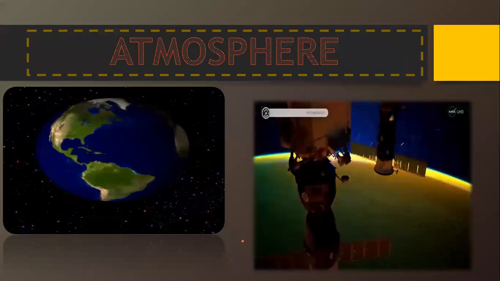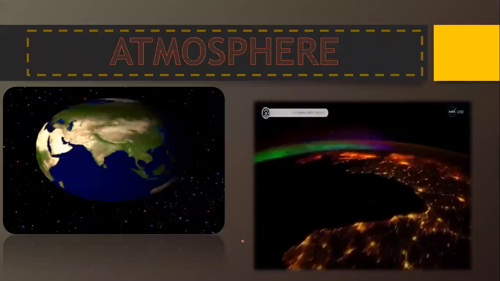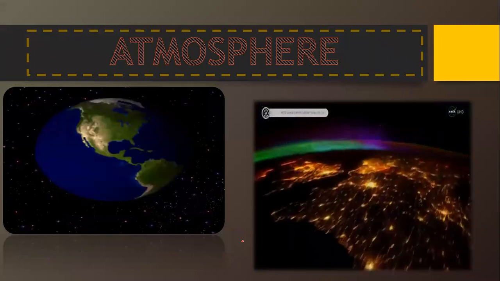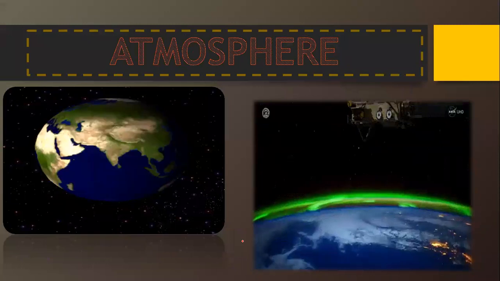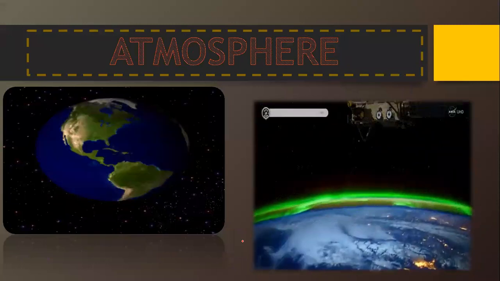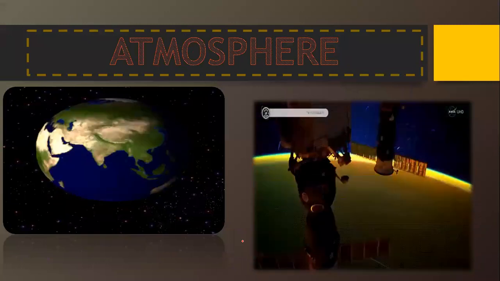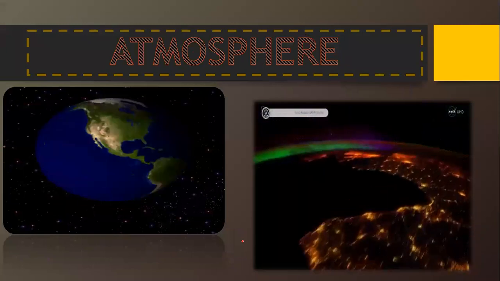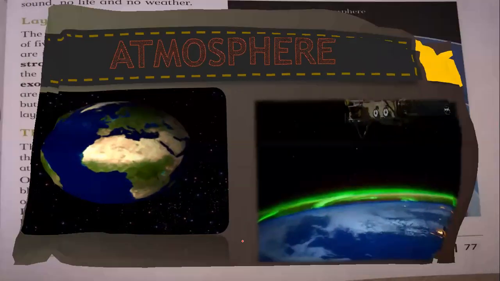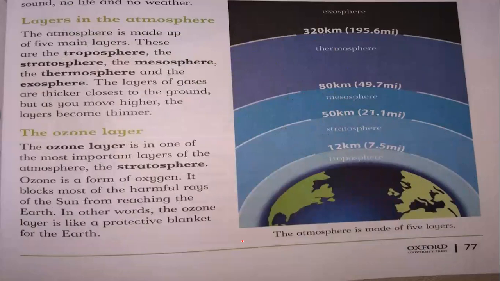Students, you can see on your screen, this is the earth, and around the earth this green line shows you the air. And also we have layers in the atmosphere. As I told you, the earth is surrounded by layers of gases.